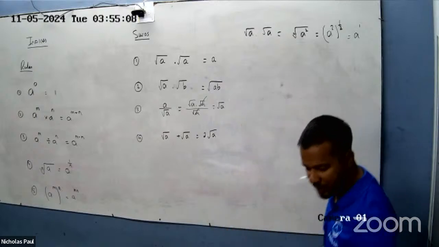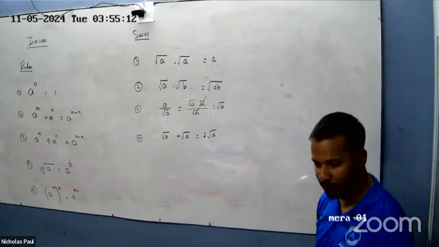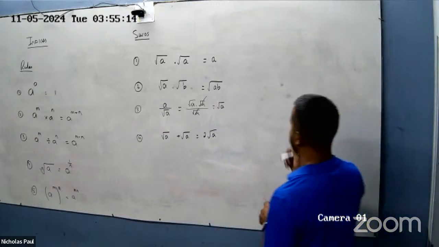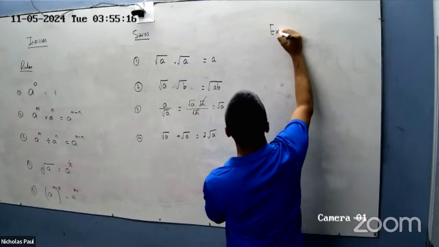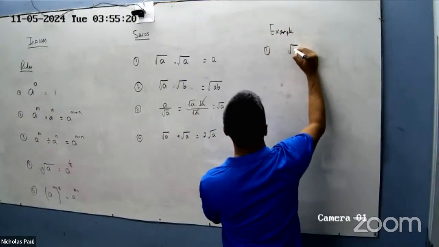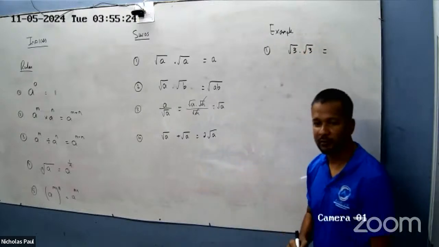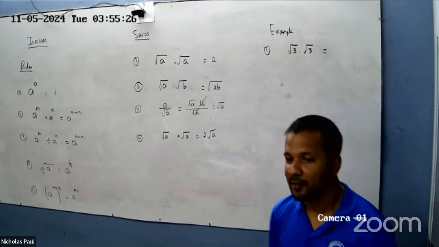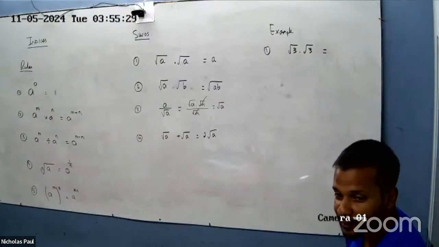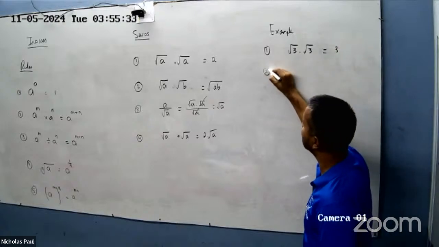All right, let's try some examples on these now. Let's try some easy examples using these rules before I make it a little harder, right? Number 1, Emmanuel. What's root 3 by root 3? 3. Good, Emmanuel. I'll be leaving you alone.